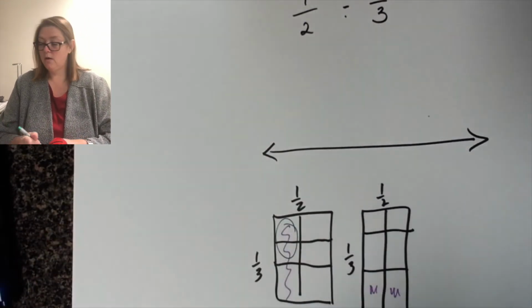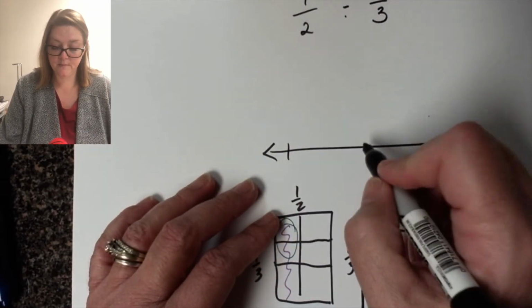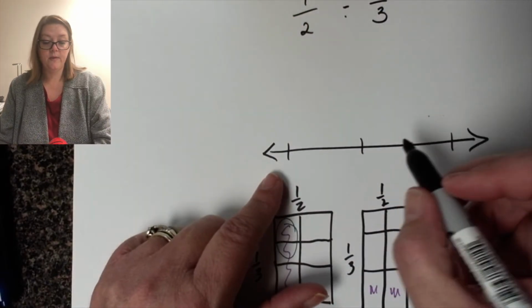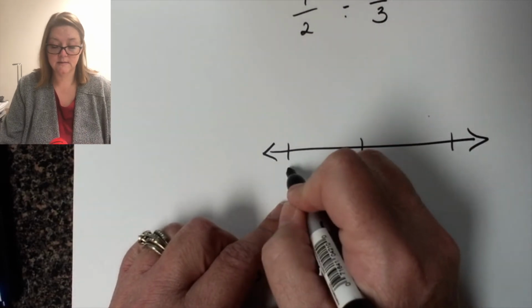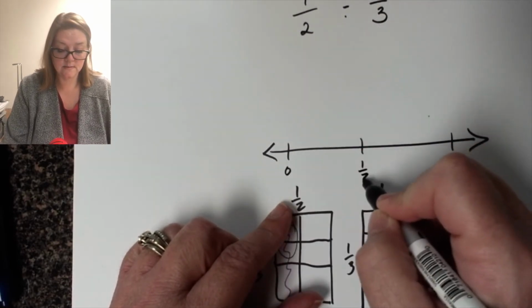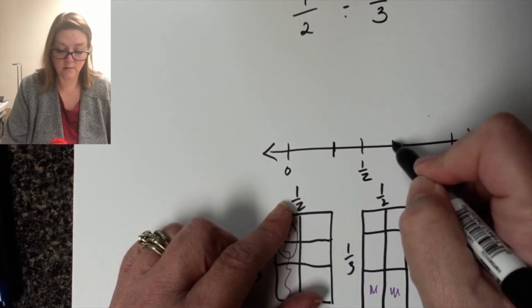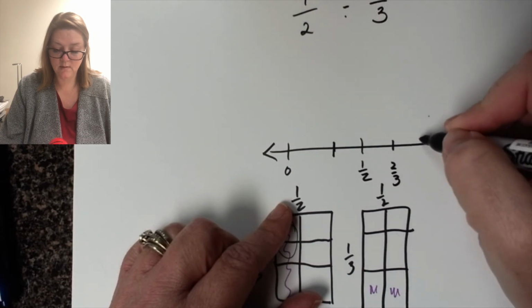Now, let's go up here and look at it on a number line. So, of course, how many 1/3 are in a half? If I go back and I look at this, and I say this is 0, this is a half, and we know that 1/3 is about right here, and 2/3 is here, right?